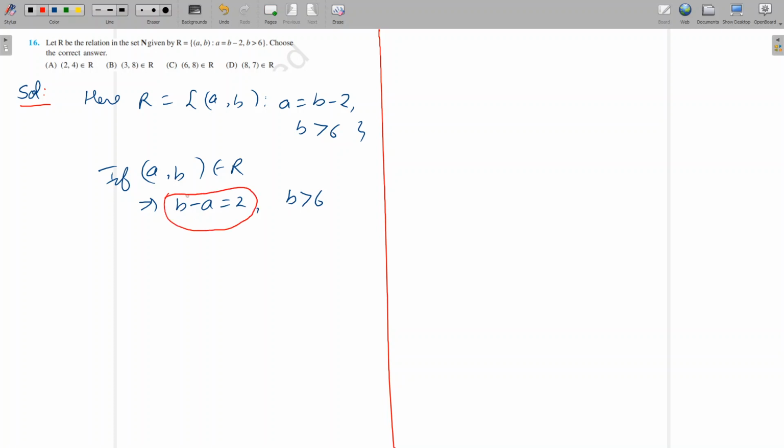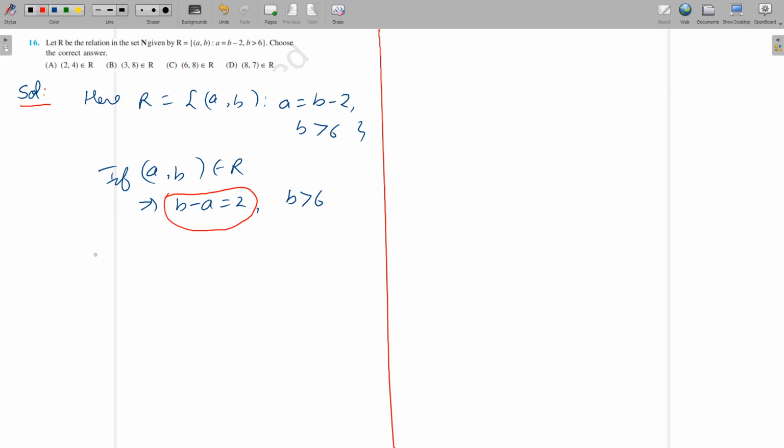Here 8 minus 3 will give us 5, and in the fourth one 7 minus 8 is equal to minus 1. In the third option, that is C, b is greater than 6, because 8 is greater than 6. Also the difference of 8 and 6 is 2, so the correct option will be C.